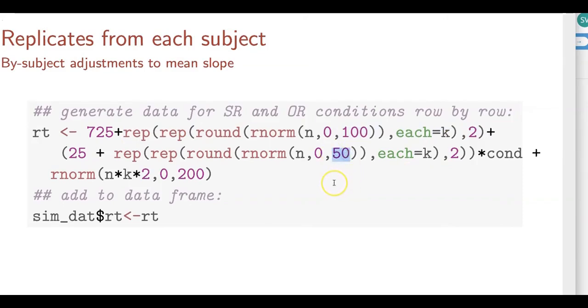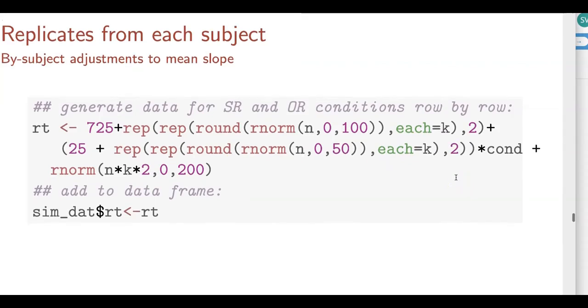Remember, I set up the varying slopes to have a smaller standard deviation. So what I'm going to do now is generate data for n subjects from this normal distribution, and then repeat each one of those numbers k times, and then repeat the entire vector twice, one more time, right? So that I have the vector for subject and object relatives. And that's it. Now I can generate data that actually has varying intercepts and slopes, right?